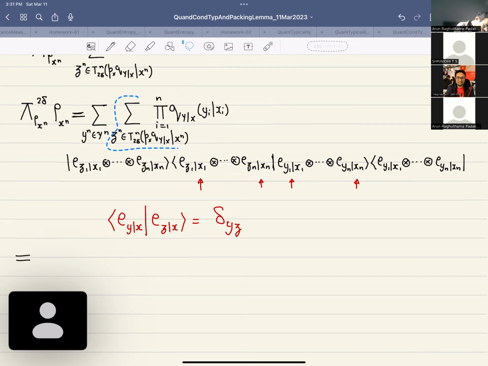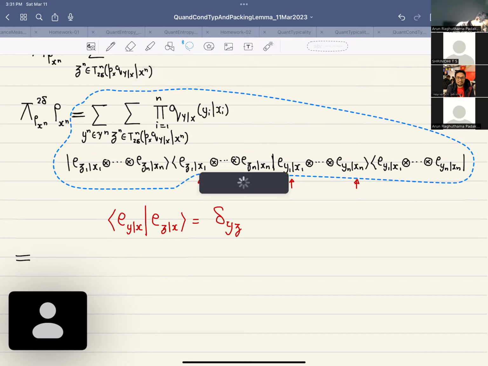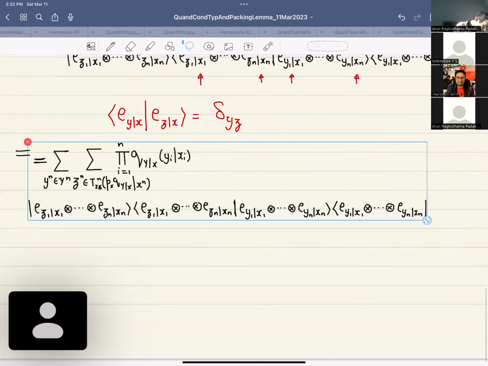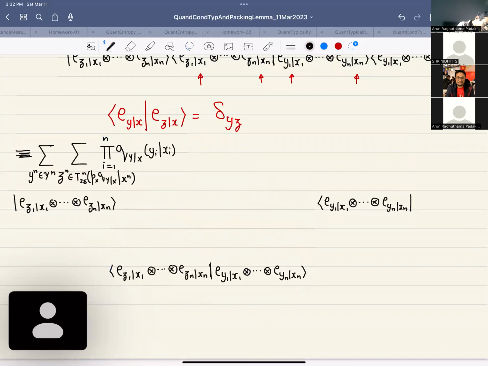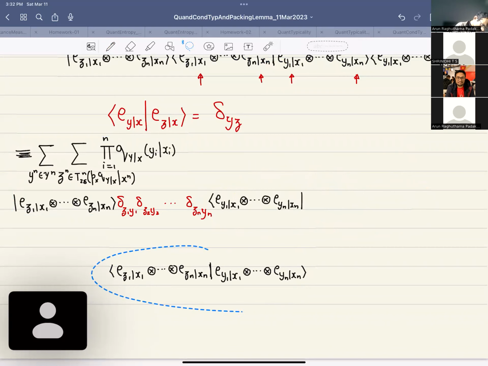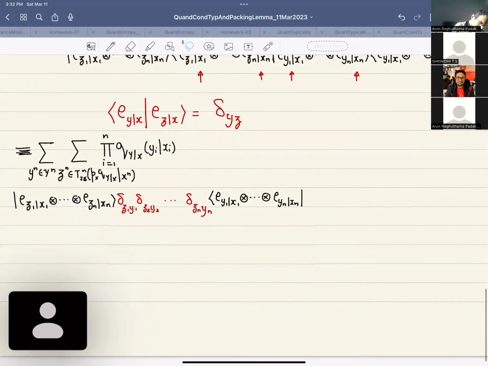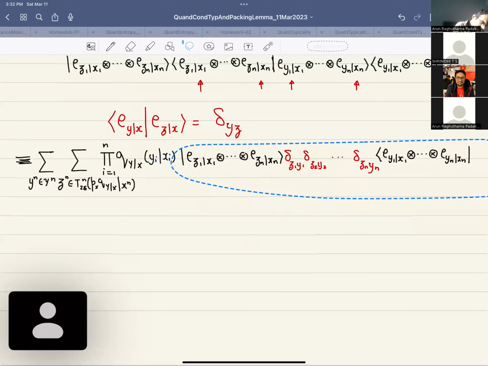And I am going to write it this way. Just for clarity, I'm going to write this whole thing, copy, paste, and instead of this whole inner product, I am going to write this as delta Z1 Y1, delta Z2 Y2, all the way until delta Zn Yn.